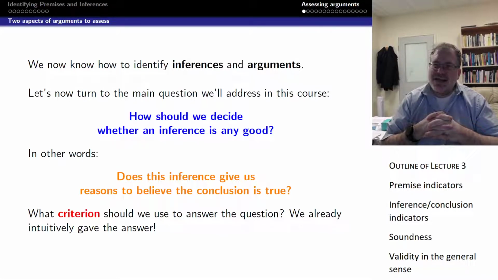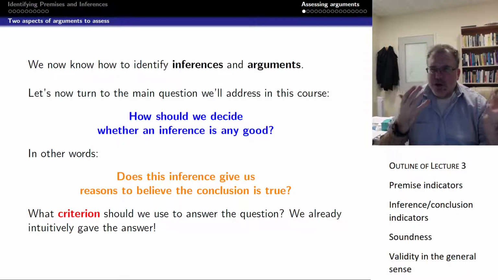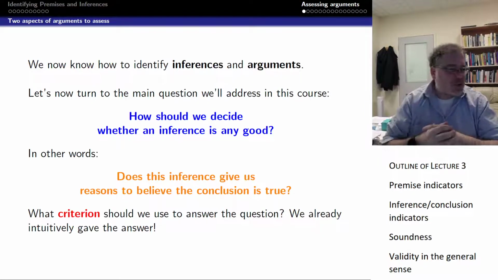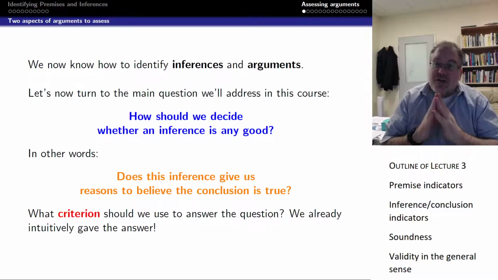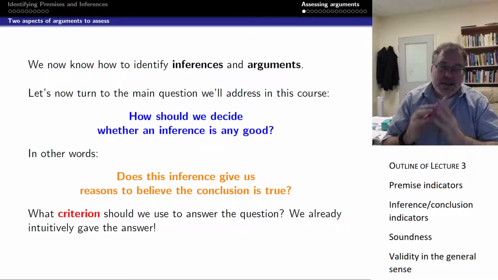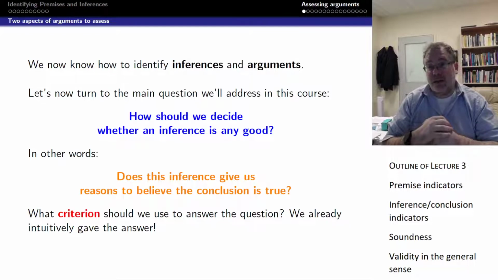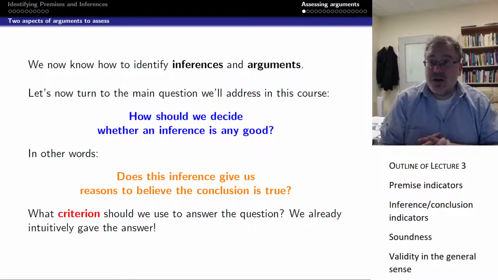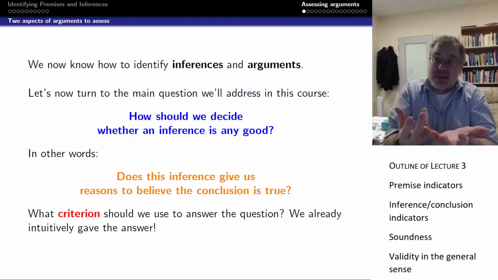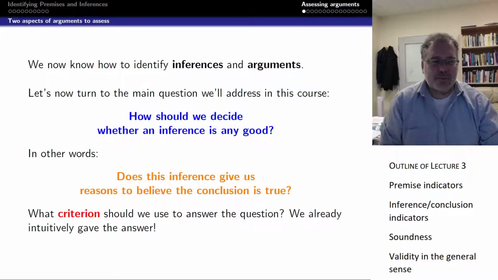And another way of asking this question, because the word good could mean many things, it's a little bit ambiguous, is: does a particular inference give us reasons to believe that its conclusion is true? Because at the end of the day, that's why we argue about things, to try to determine whether some statements are true or false. And the argument is supposed to give us reasons to believe that it's true or false.